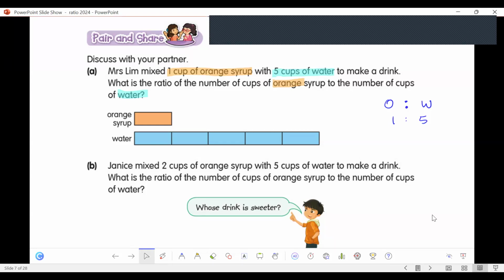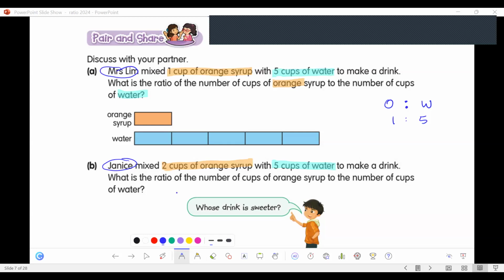Janice makes, so this is Mrs. Lim, she makes the juice here. This is a different person, okay? According to her, Janice makes 2 cups of orange syrup with 5 cups of water to make the drink. So both of them are making orange juice. Can you draw the model already? Is it difficult?